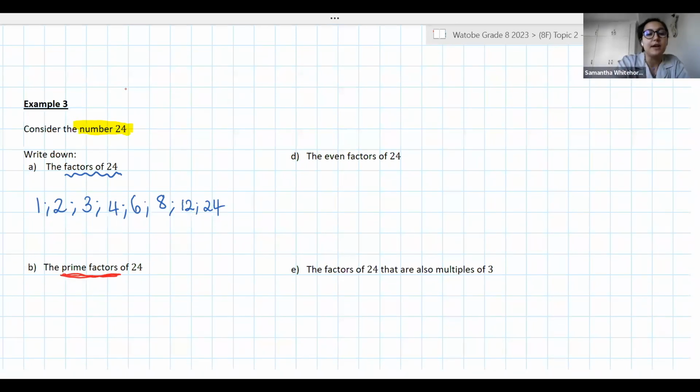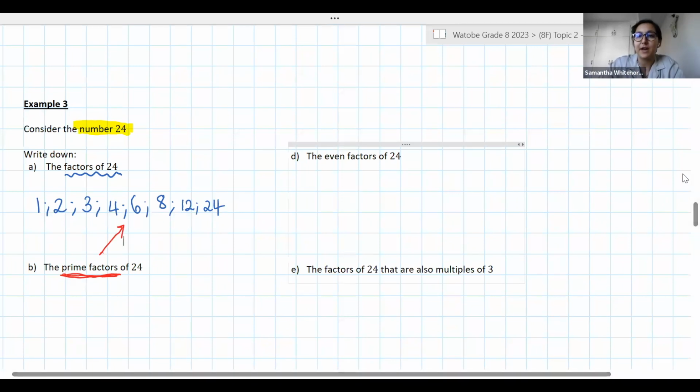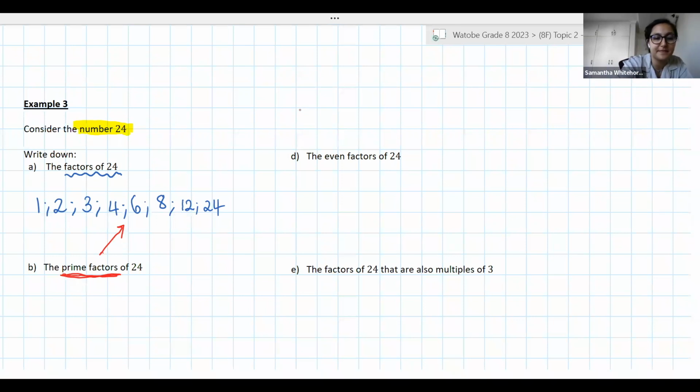So which numbers in this list are prime factors? Vuyo, do you want to try this one? Prime factors of 24.